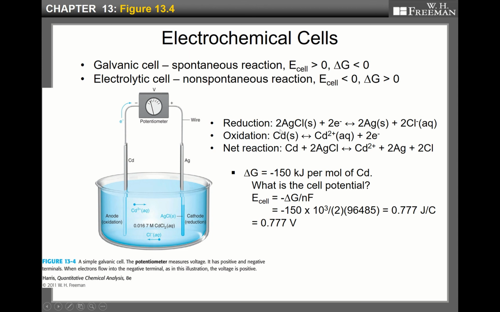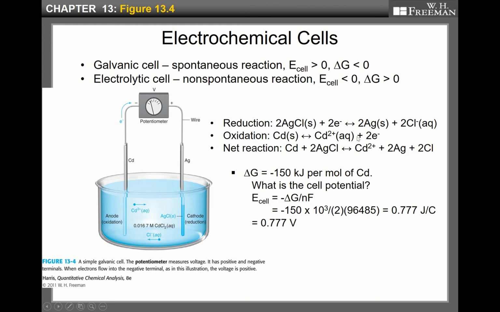We call each of these reactions a half reaction. In the net reaction electrons don't appear, but actually electrons come from one electrode and enter the other electrode.